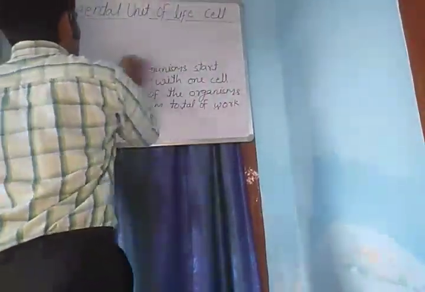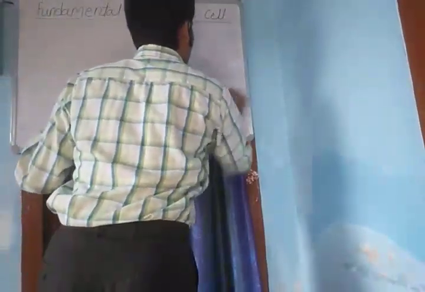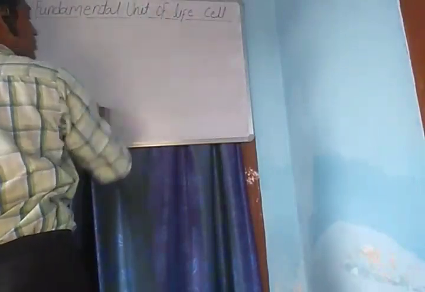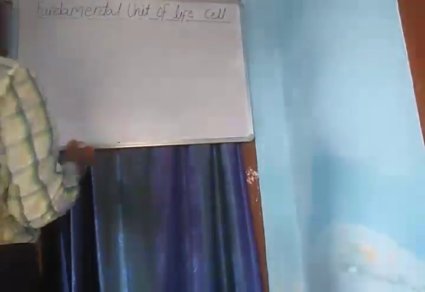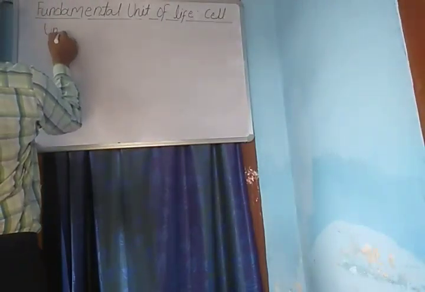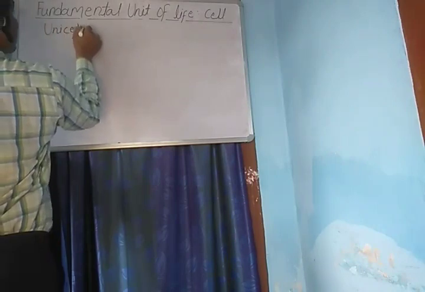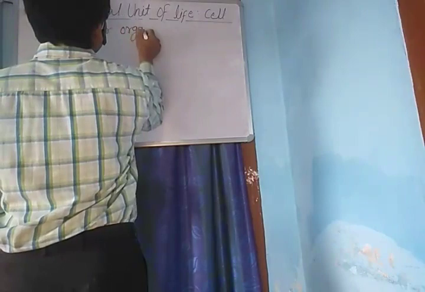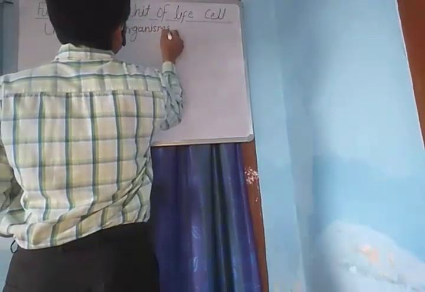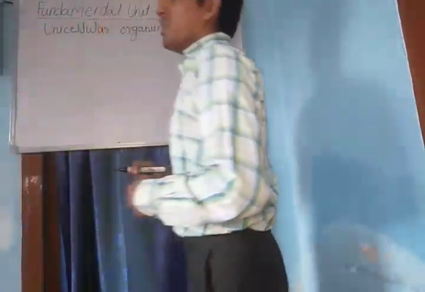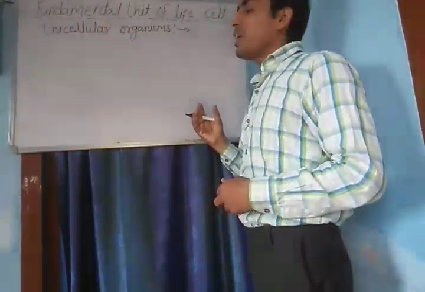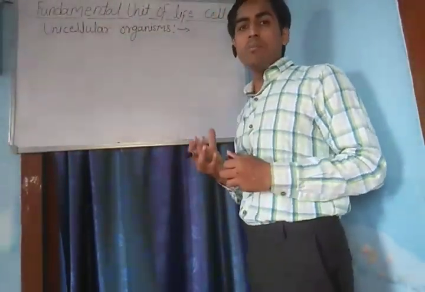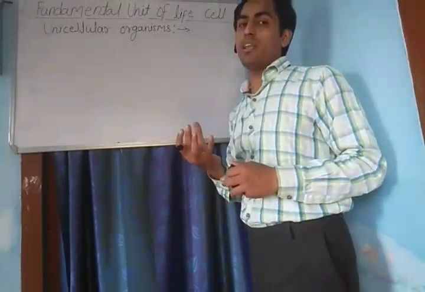We know the organism contains one or more cells. On the basis of the number of cells, organisms are divided into two categories. The first one is unicellular. Unicellular organism: the organism which is made by only one cell.